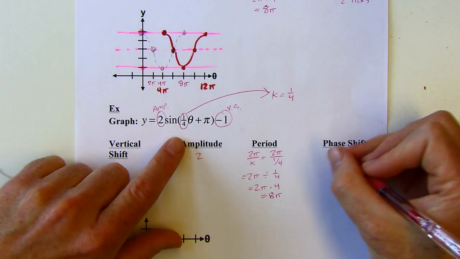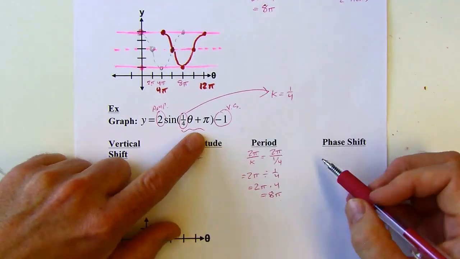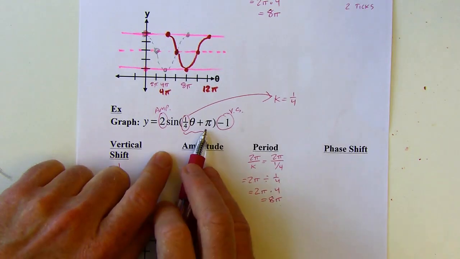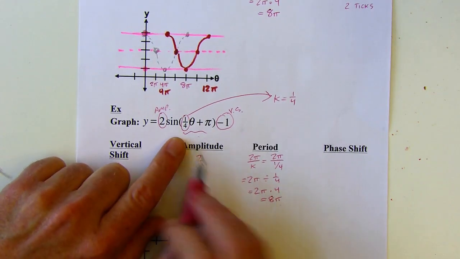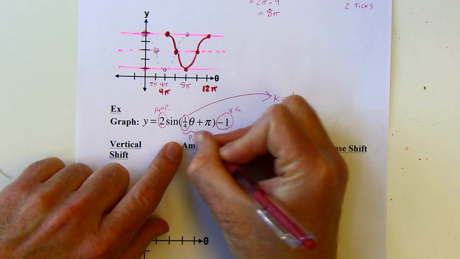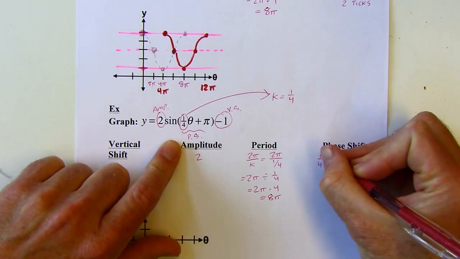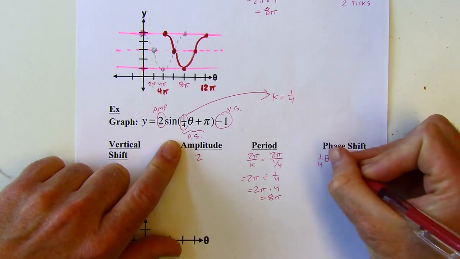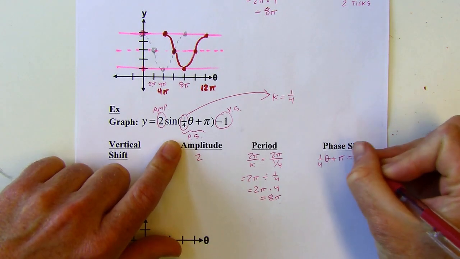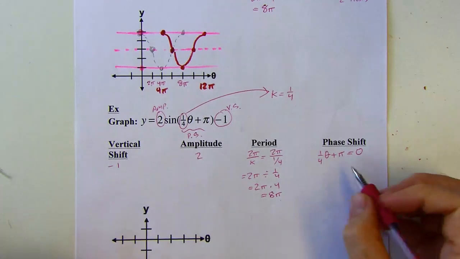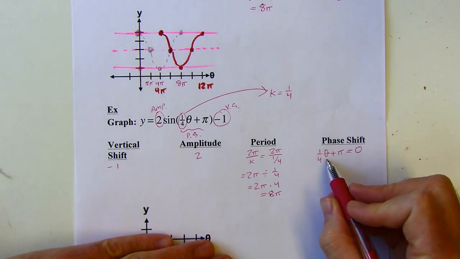The phase shift, I'm going to take all of this. It's not just going to be -pi. Don't just change the sign of this. Take everything that's inside the parentheses, and that's all going to come into play. So the 1/4 is going to affect the phase shift here. Okay, so I'm going to subtract pi from both sides. I'm trying to solve this for theta.